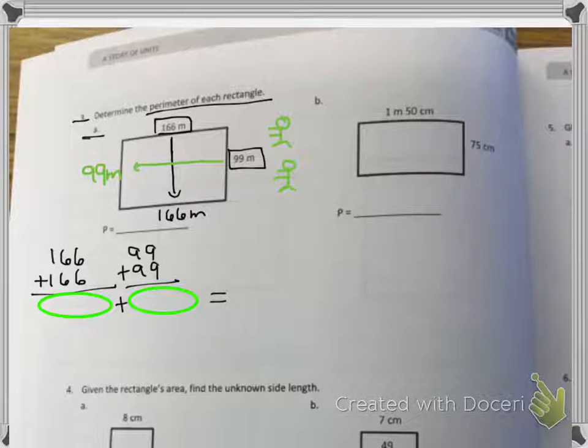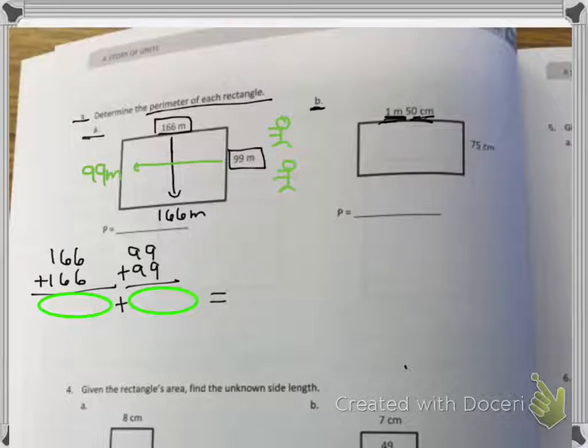All right, for this one, this one's a tricky one because this one on B, so pause the video if you have to, but I'm going to go on to B. This one's interesting. So for this one, we have a meter and 50 centimeters. Okay? So let's convert the meter to centimeters so that we can just deal with centimeters and get rid of that meter.